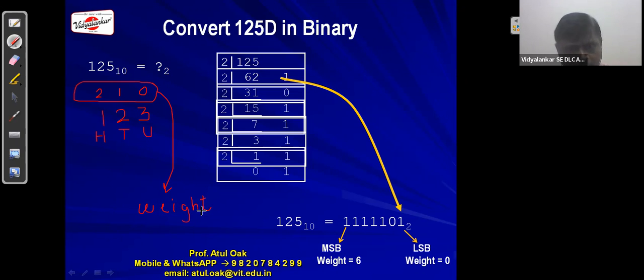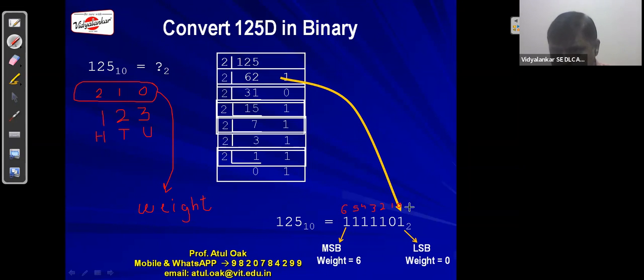Why did I suddenly shift from binary to an example in decimal? The reason is the same: this position is 0, this position is 1, this position is 2, this position is 3, this position is 4, this position is 5, and this position is 6.